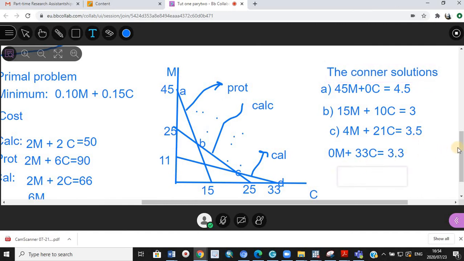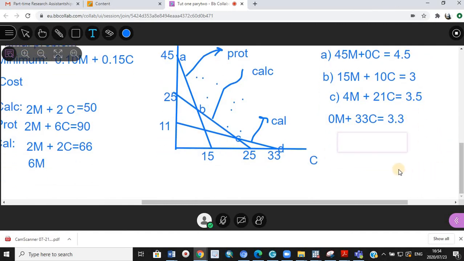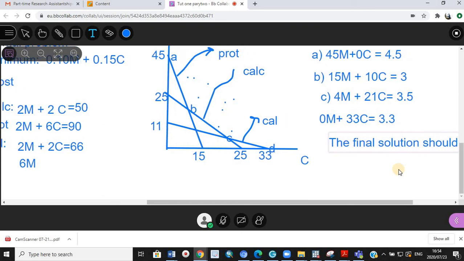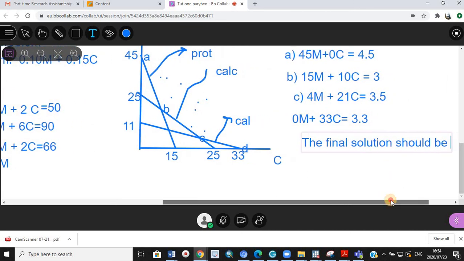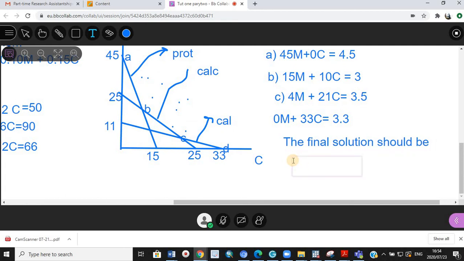Okay, so that means the final solution should be the minimum one, 15 m plus 10c, the one that gives you the minimum value, right?